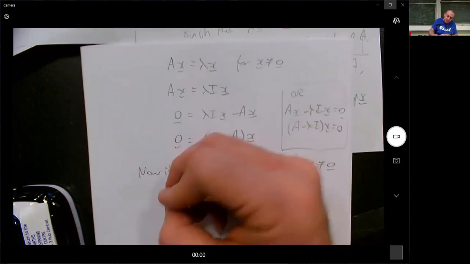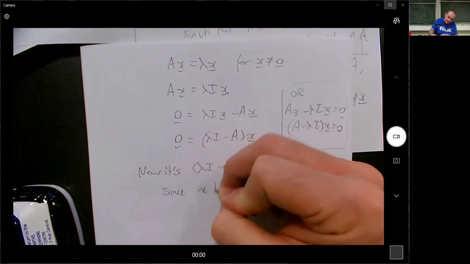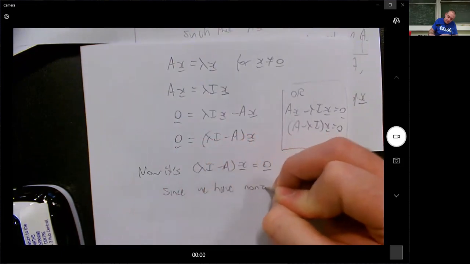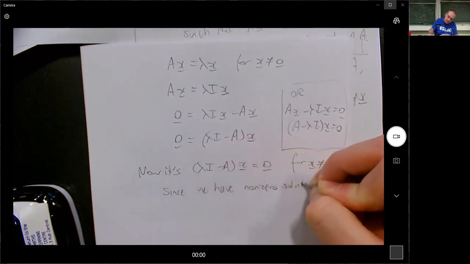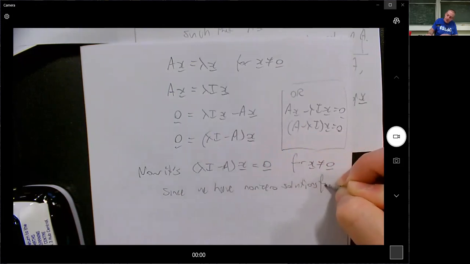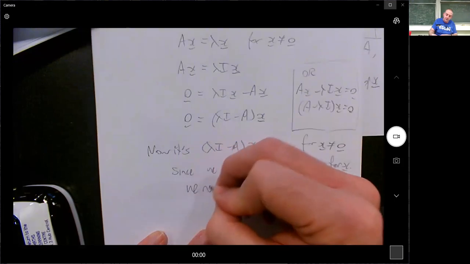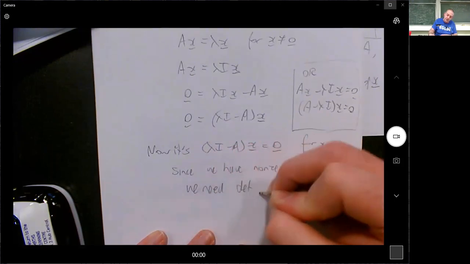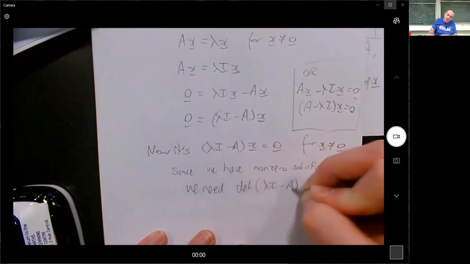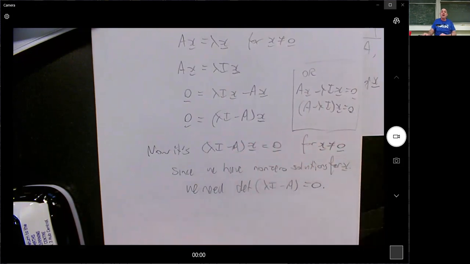So since we have non-zero solutions for x, we need the determinant of this matrix to be 0. And now I have neatly gotten rid of x, and so I can just think about the lambdas.